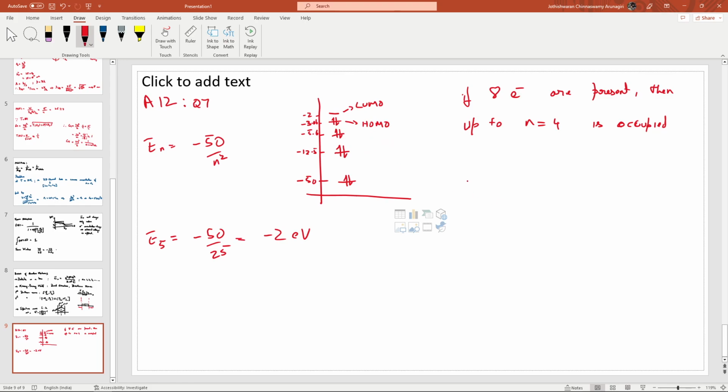Now, what is the ionization potential? What is the IP for this system? Can anyone tell me?